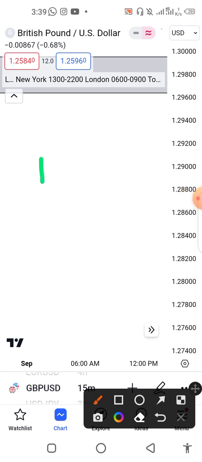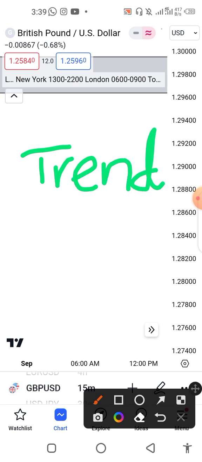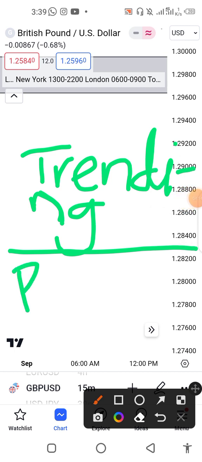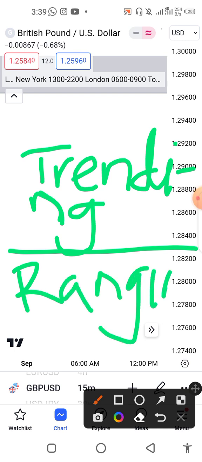We call this trending markets, and we also have what we call the ranging market.